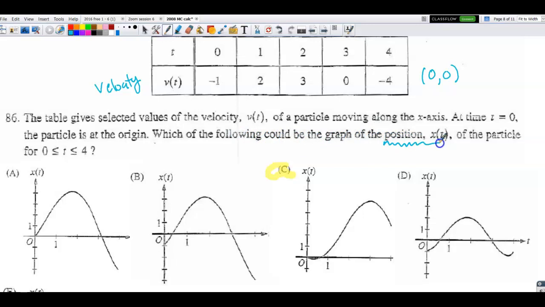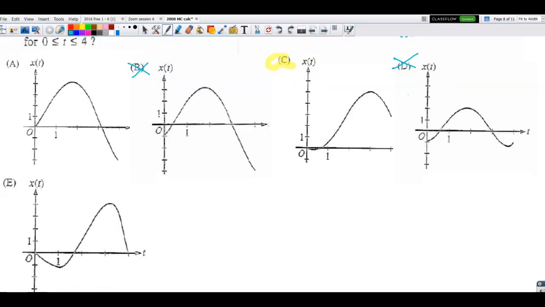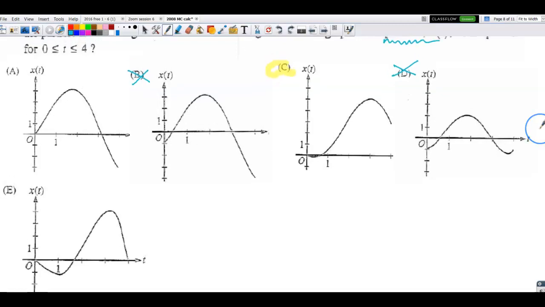All right, so the position at 0 is 0, so it cannot be letter D. It cannot be letter B. So I've eliminated B and D just by the fact that the initial position was supposed to be 0. At time 0, we were at 0. So now we're comparing A, C, and E.